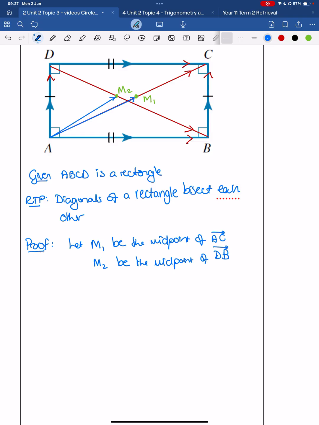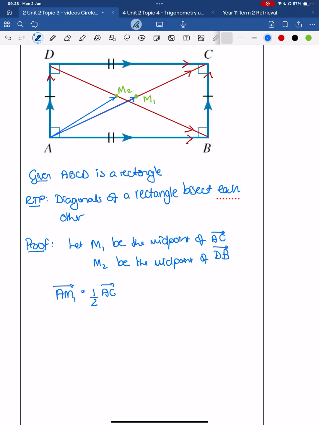All right. Now, to get from A to M1, well, I know that A to M1 is half of AC. So let's say that AM1 is going to be half of AC because I defined it as such.